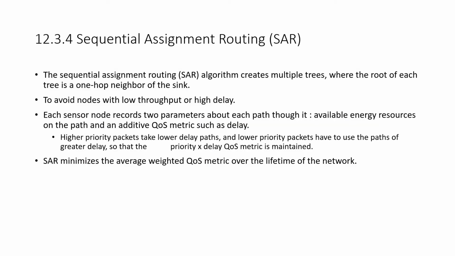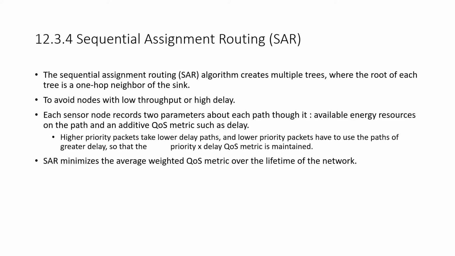Sequential assignment routing. The sequential assignment routing algorithm creates multiple trees where the root of each tree is one of the neighbors of the sink, to avoid nodes with low throughput or high delay.